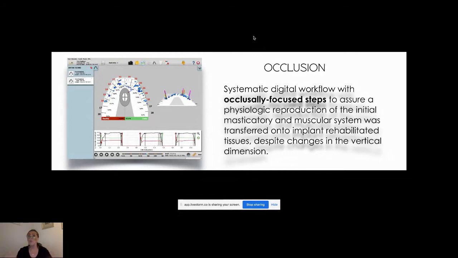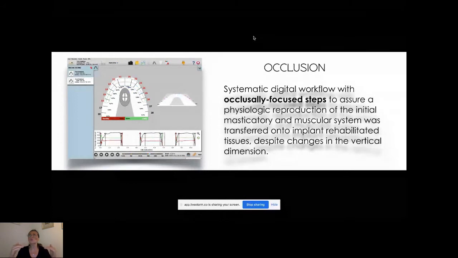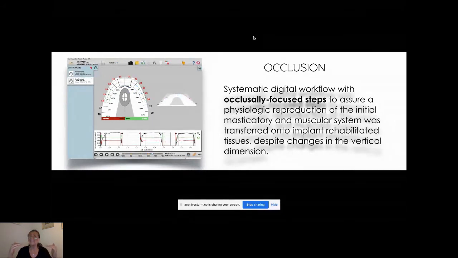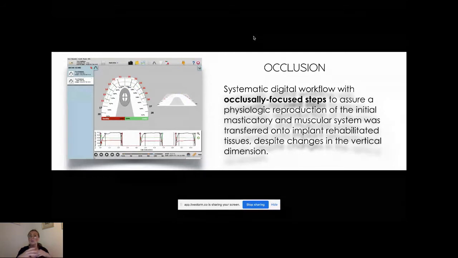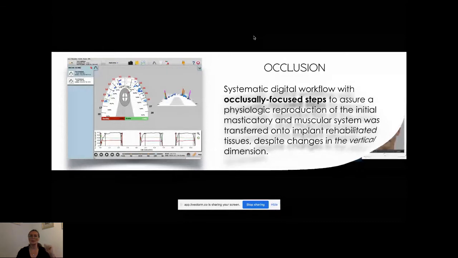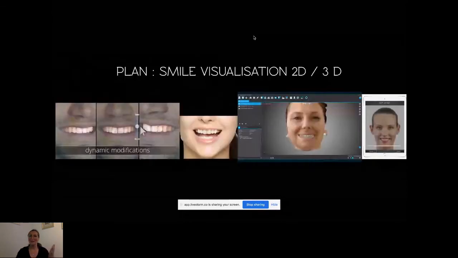So in order to avoid the bone loss, we have to give the patient the best occlusion possible in order to not have all the complications connected to that. And this is a sensor-based technology which we use in the full arch reconstructions also, which I will show you later on. Now let's go to the second chapter, which is the plan of the work.